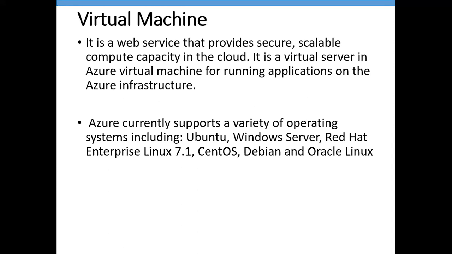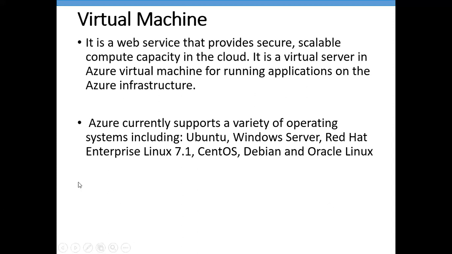So it's a virtual server which we can't see, but we can access that server from any location. That server can be used for your application creation, for running any application, for websites. It can be used for multiple reasons.